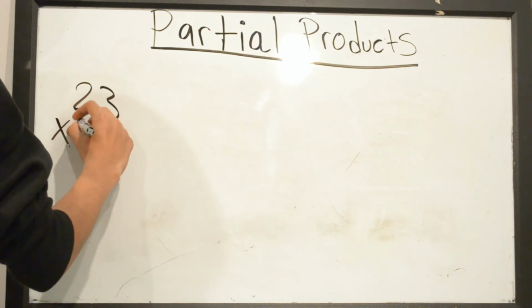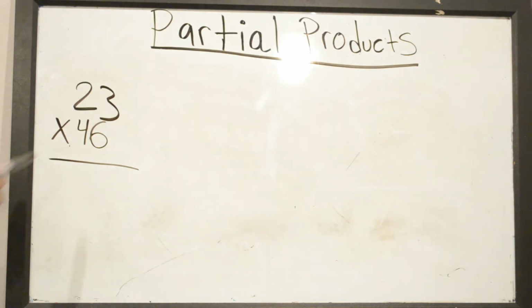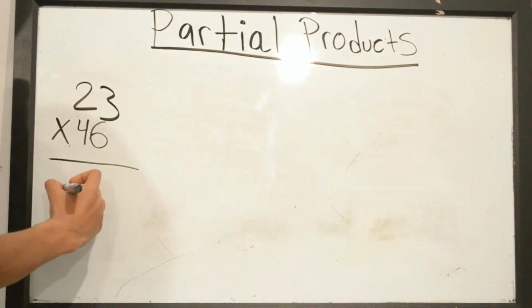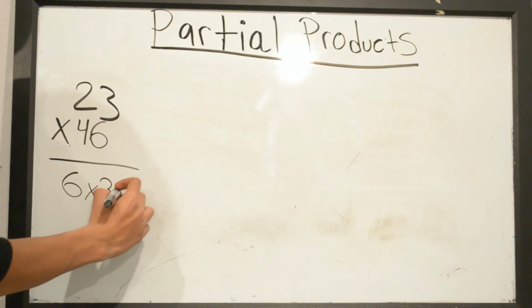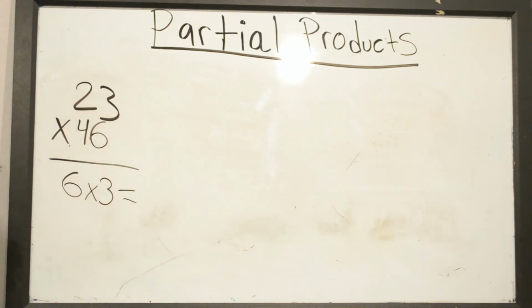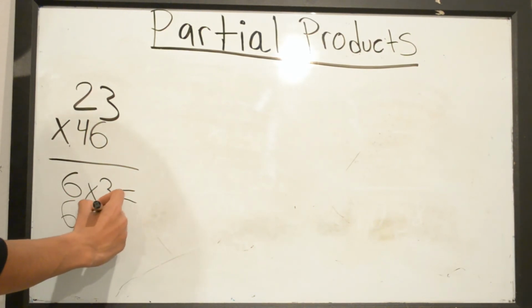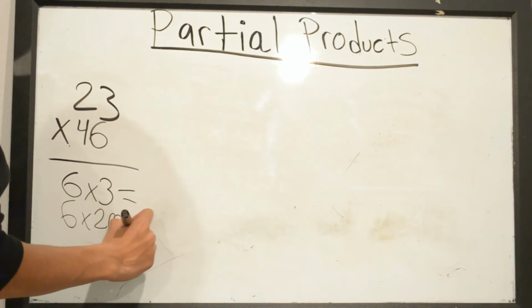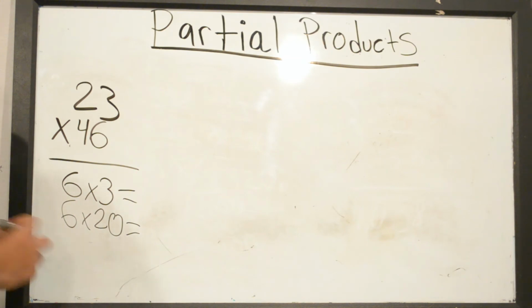times 46. So here we multiply 6 times 3. And 6 times 20. We multiply 6 times 20 because the 2 is in a tens place.